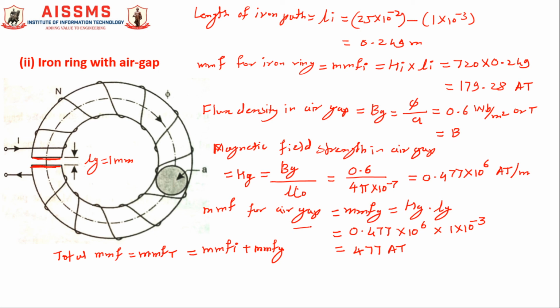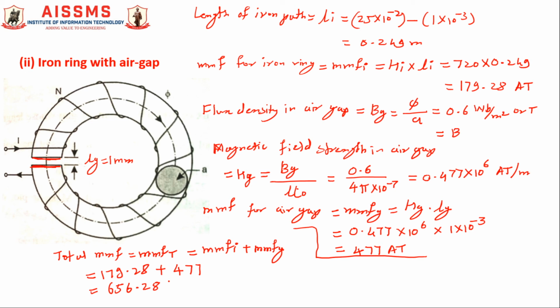So it is equal to mmf i, which is 179.28, plus mmf g, which is 477. So here we get total mmf T equal to 656.28 ampere turns.